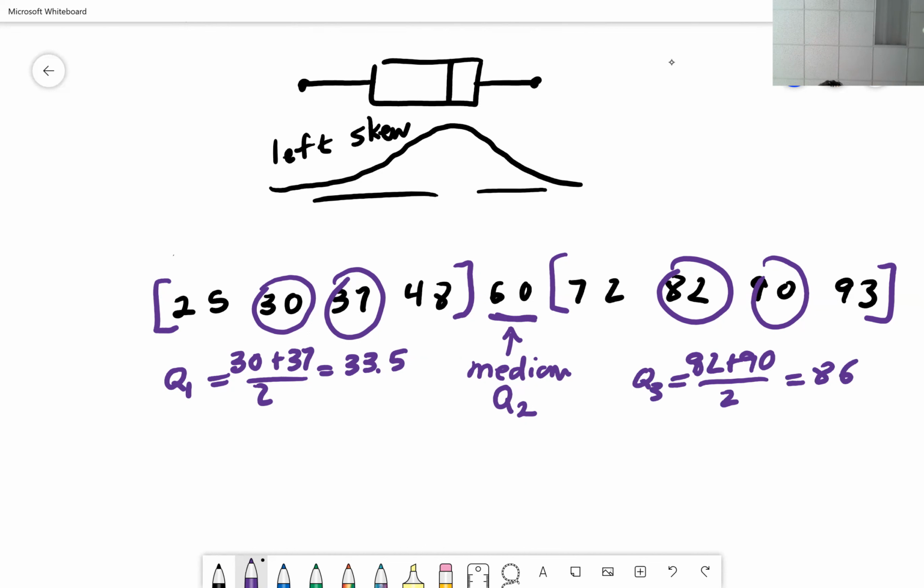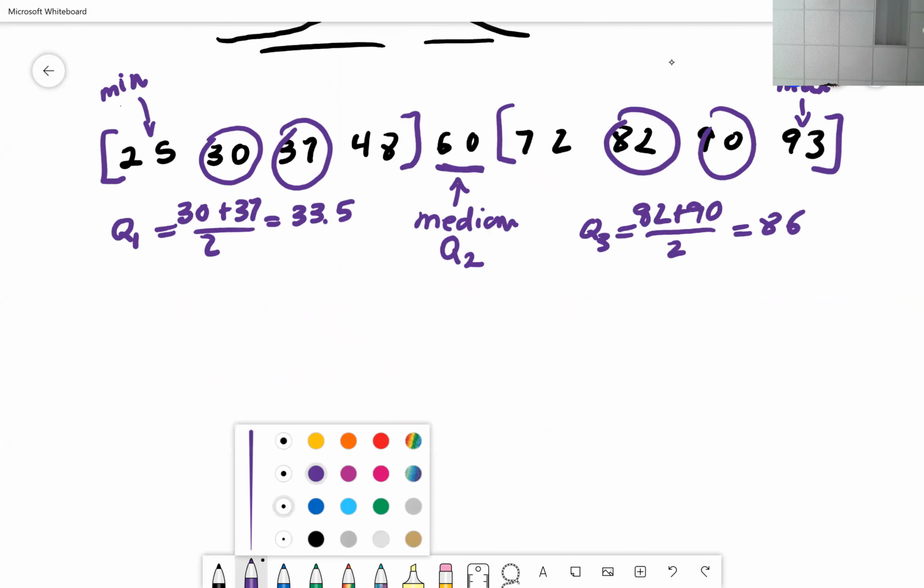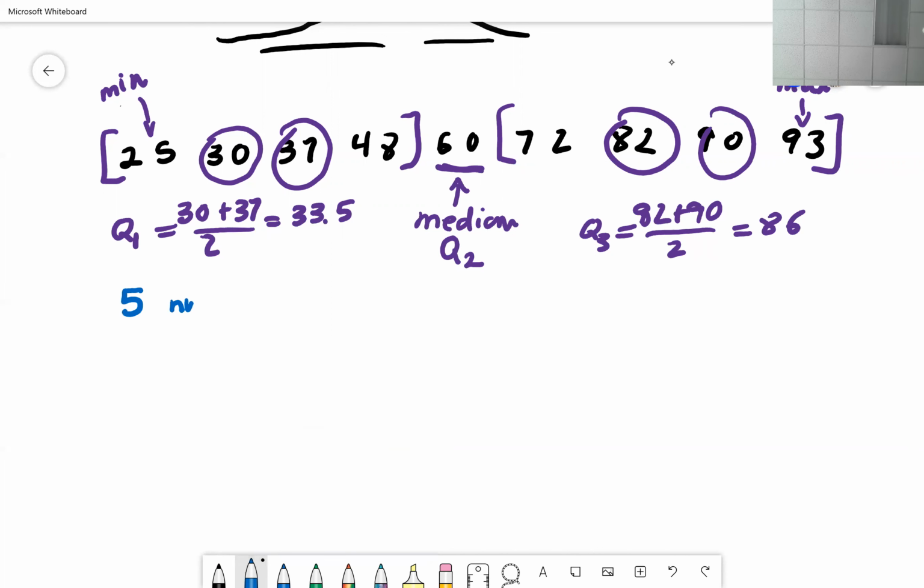And could you tell me what the smallest number is? 25. That's called your minimum. And what's the biggest number? That's the max. And what we have done now is something called our 5-number summary.